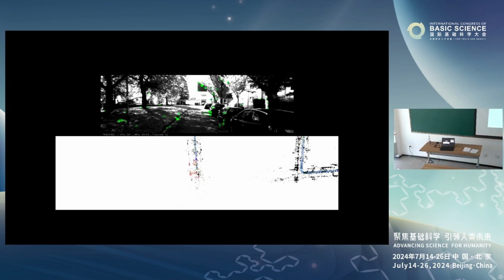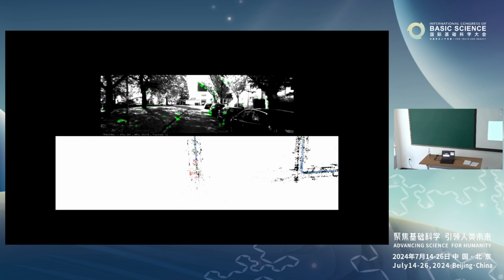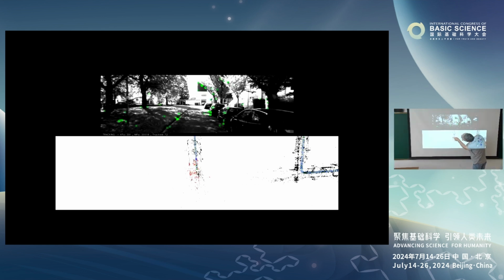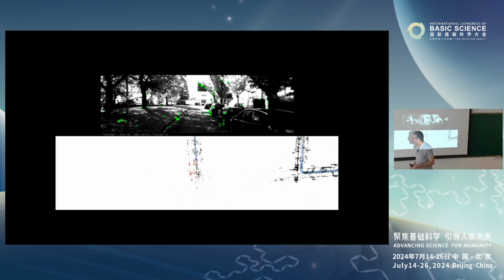So the system selects some random points in the image, and all of these green points are these black points that you have here, because this is top view. And the actual localization of the car is this small triangle here. And the question is that as we process the video in real time, we are able to make the map and to know where we are within this map.